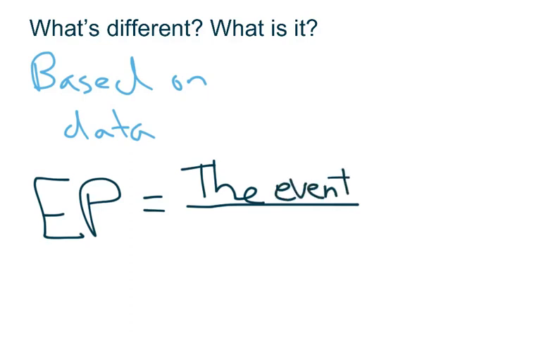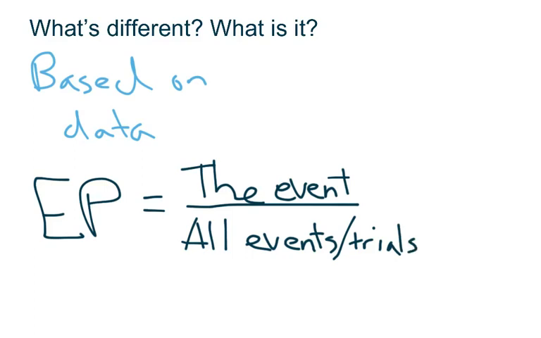So it's the event you want to happen, you making a free throw, whatever it is, over all events. So every time you made or missed a free throw. And then a more statistically appropriate word would be trials. So the event that you wanted over all the events possible.